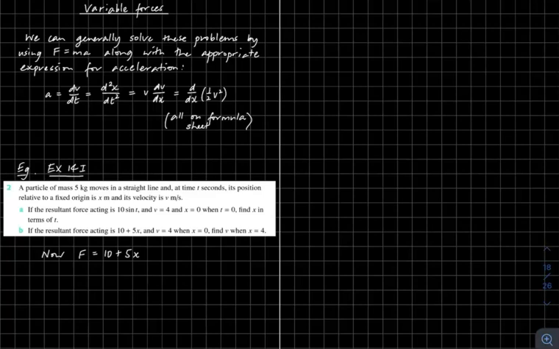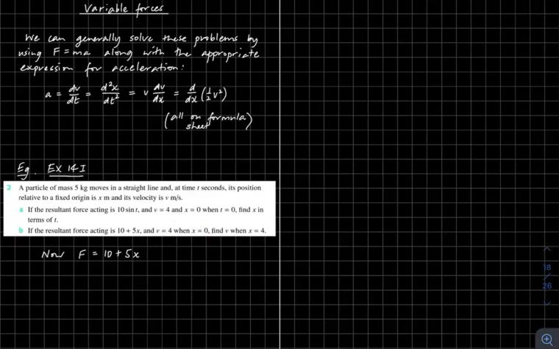So basically this is saying, as this gets further and further from the origin, the force is increasing because it's 10 plus 5 times its position relative to the origin. So it's varying. Now we're trying to find an expression that relates velocity and position, aren't we?